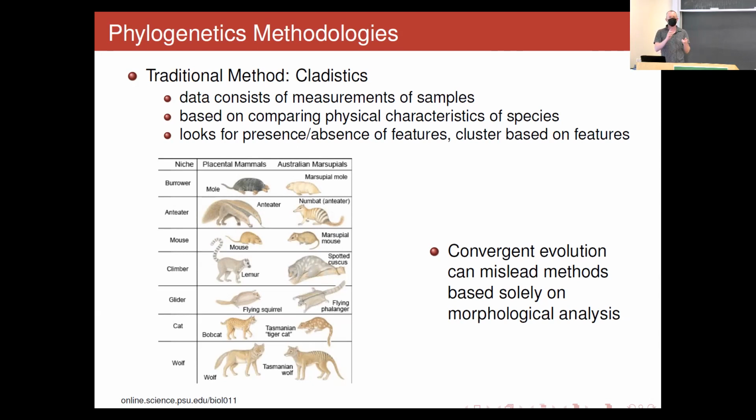They're the same size and shape. They have a lot of the same features. They eat kind of the same thing. But in fact, there's this big divider, right? There were the placental mammals that were separate from the marsupial mammals.